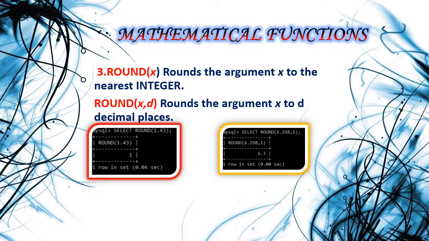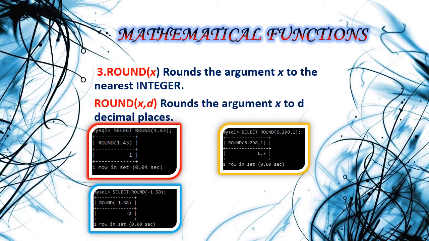And next, 6.298 comma 1, so one digit should come after the decimal point. It will check the second place after the decimal point, which is 9, above 5, so 1 is added to the 2, so 6.3 is the answer.